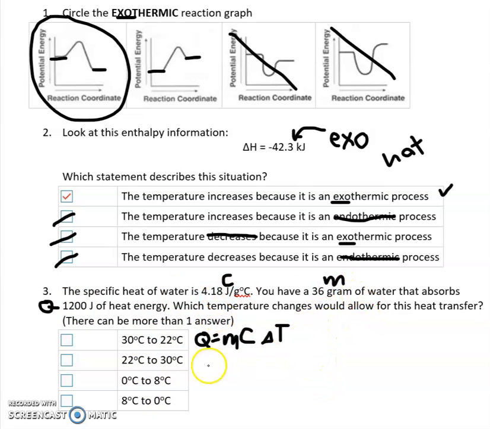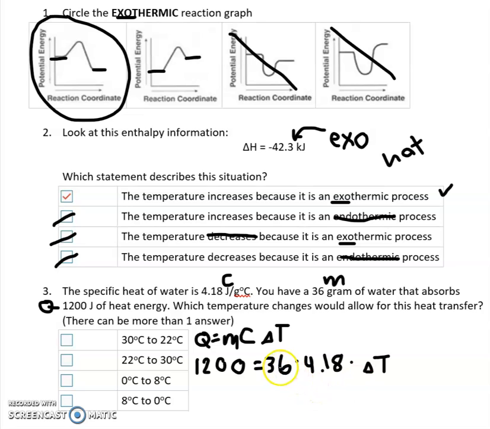So let me plug it in. I have that Q is equal to 1200, is equal to 36 times 4.18 times delta T. So let's solve for delta T here, just so we know what delta T should be in this case.